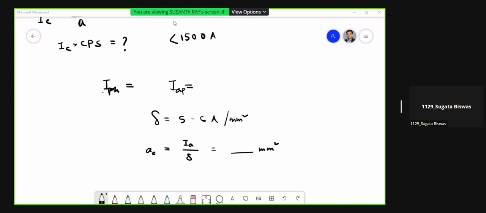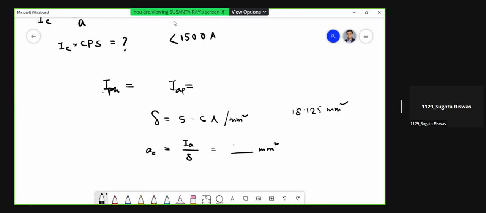So the area comes to 18.125 millimeters square.